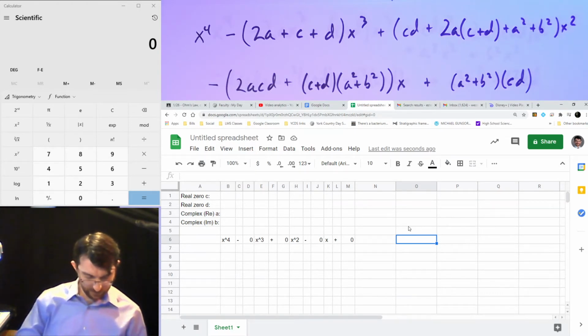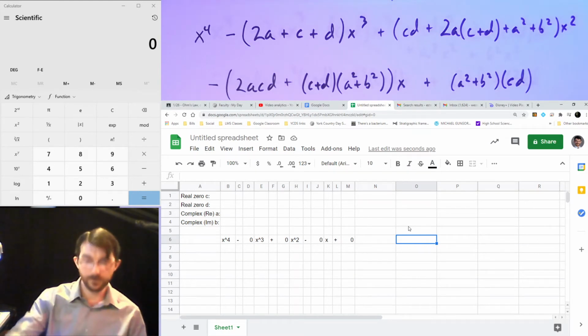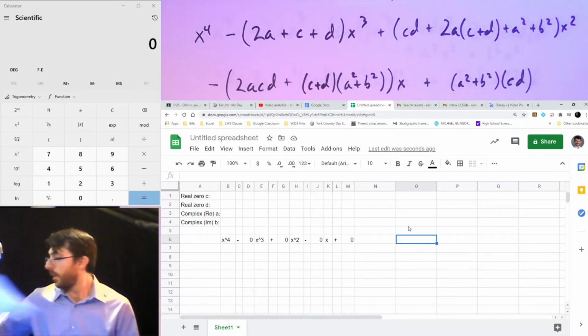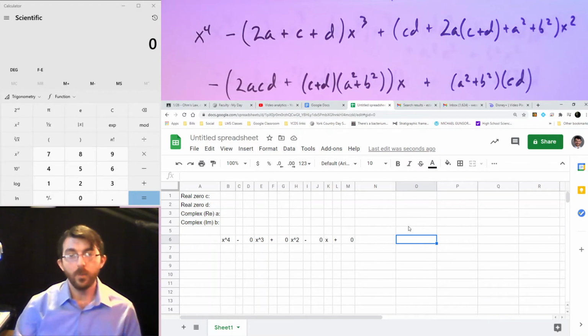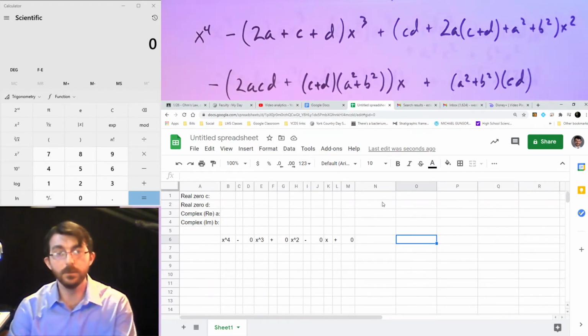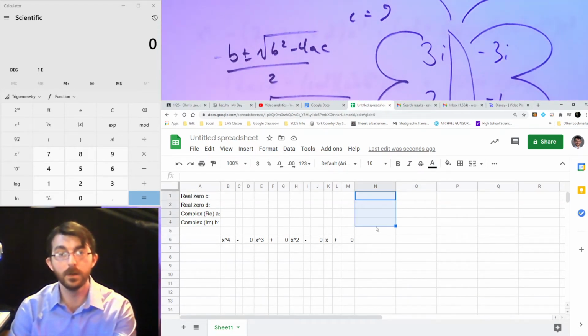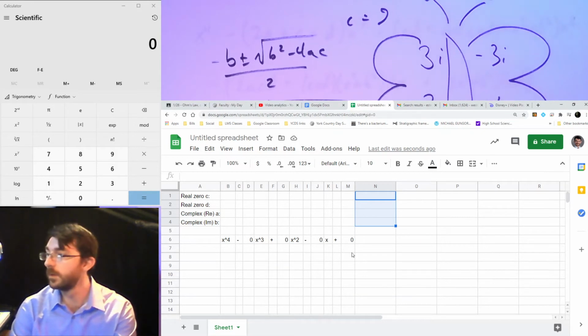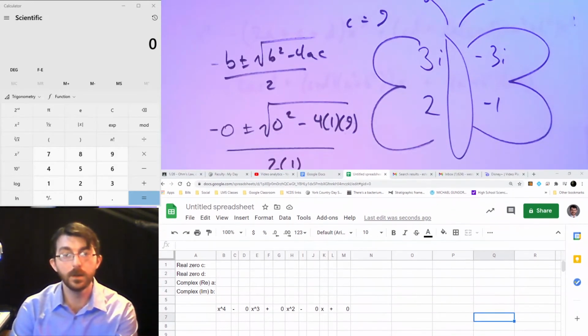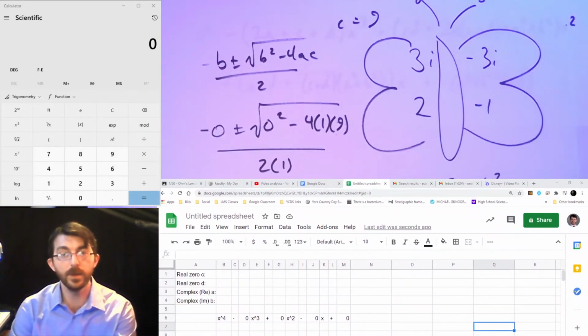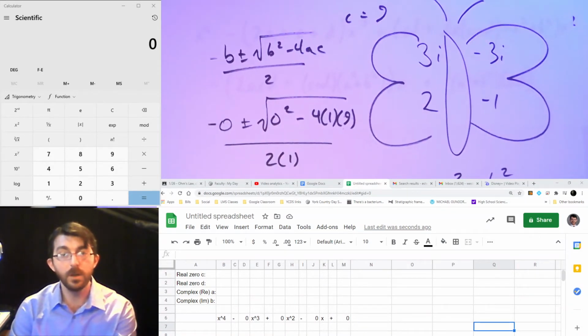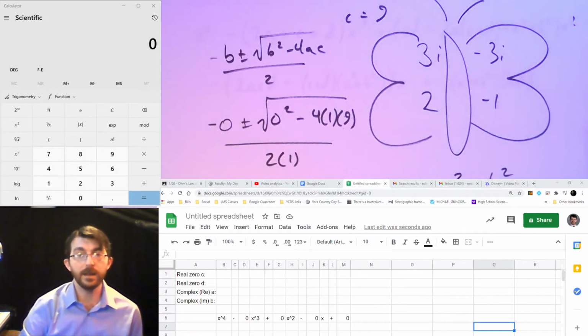I'm going to find a fourth power polynomial that I solved earlier. Oh, there we go. So this is one of our homework problems from earlier. Just move that out of the way. So the values were 3i, negative 3i, 2, negative 1.